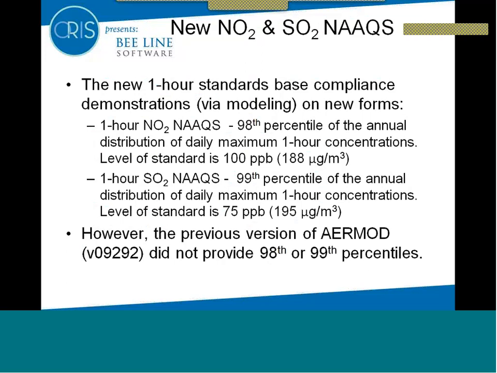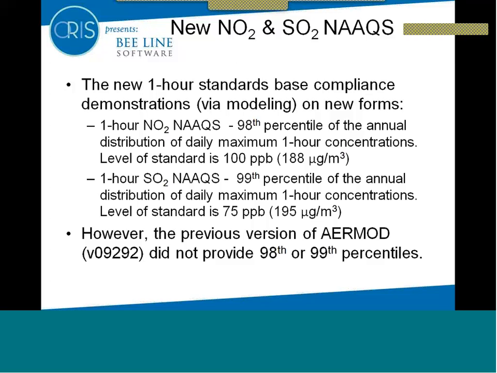Now, what's a little different about these two standards is the way we address them in the modeling world, when we have to do compliance demonstrations for permits or attainment demonstrations or what have you. The form of the 1-hour NO2 NAAQS is the 98th percentile of the annual distribution of daily maximum 1-hour concentrations, and the level of the standard, the numerical value you're shooting at, is 100 parts per billion, which is roughly 188 micrograms per cubic meter.